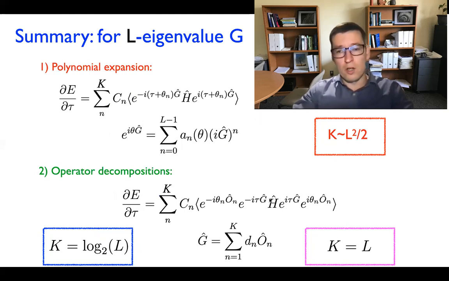Another approach, which was more efficient, is to decompose the generator into operators that have just 2 or 3 eigenvalues. That approach scales in the ideal case logarithmically and conservatively linearly. So you will pay the price of calculating only up to a linear number of expectation values for each gradient.